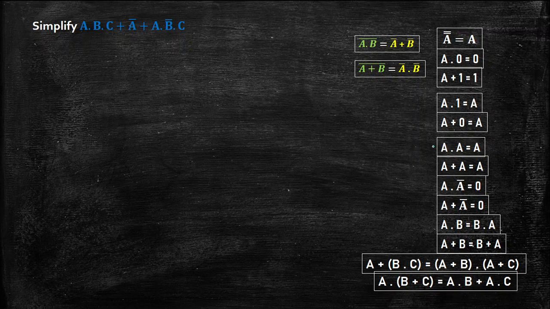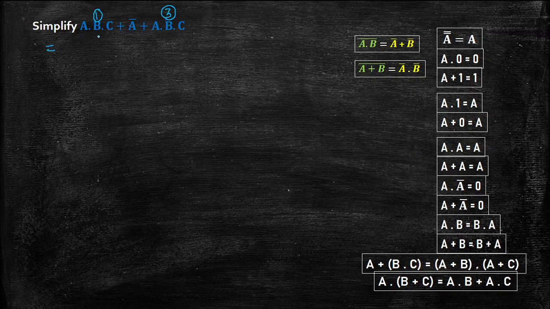So let us start with this. First of all, try to analyze and go through the common variables or factors which we can use somewhere. Here you can see the first term and the third term.